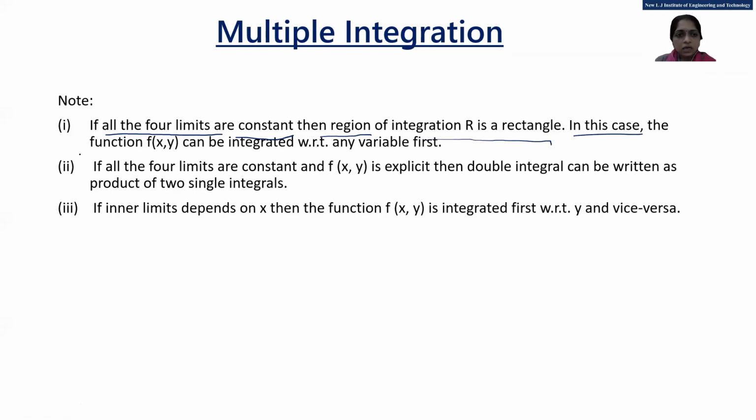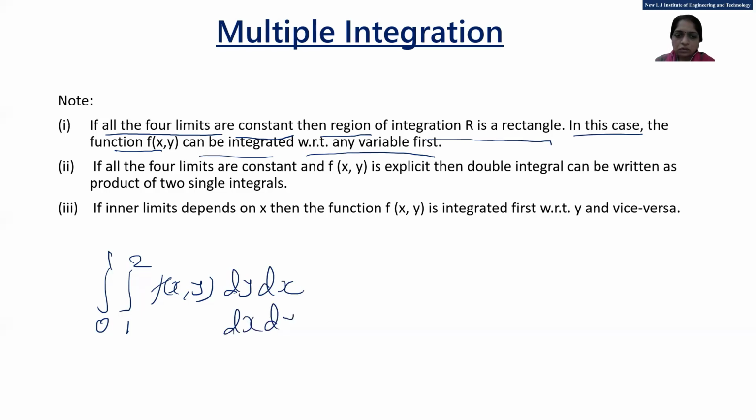In this case, the function f of xy can be integrated with respect to any variable first. What does it mean? Suppose you have a double integration where one limit is 0 to 1 and the other limit is 1 to 2, something like that. It means all 4 limits are constant here, right? And whatever function you have been given, you can do integration with respect to y first or with respect to x first. Okay, both are the same, right?